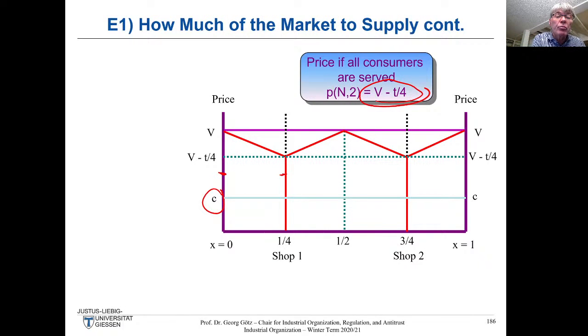If we charge this monopoly price, it's clear it doesn't make sense to reduce this price below the price we have here, because by reducing this price to this monopoly price, we would just give consumer surplus to the guys here at the edges as well.